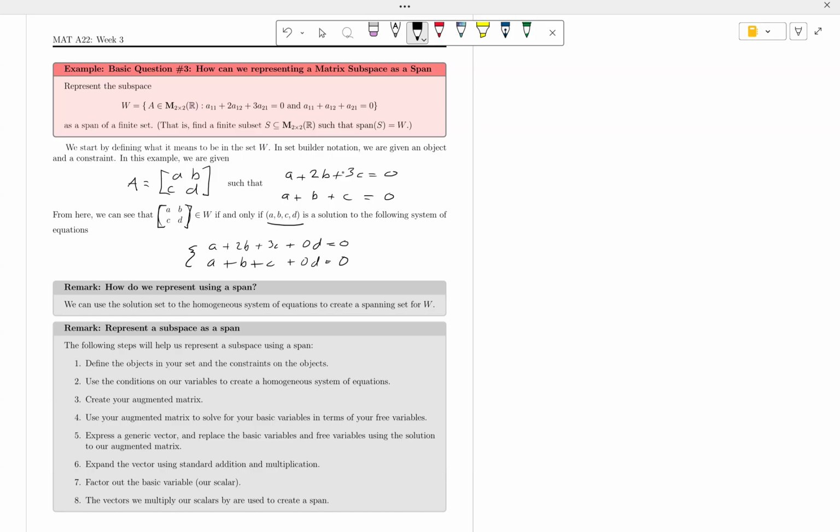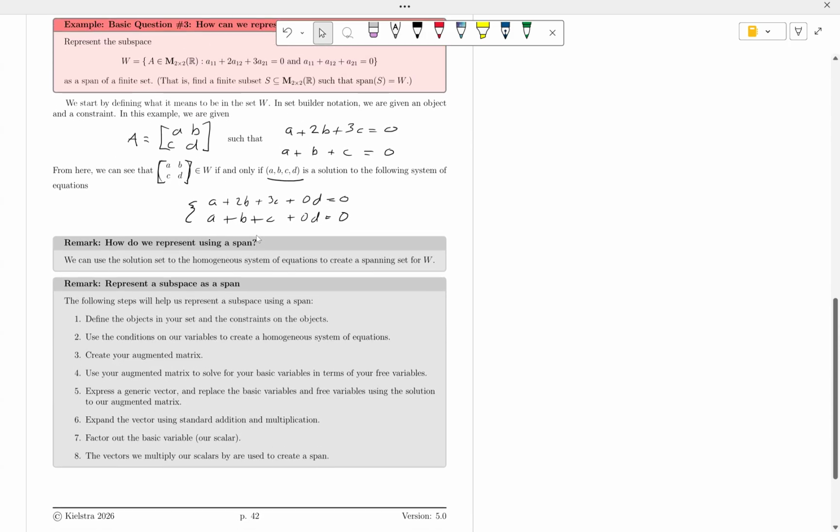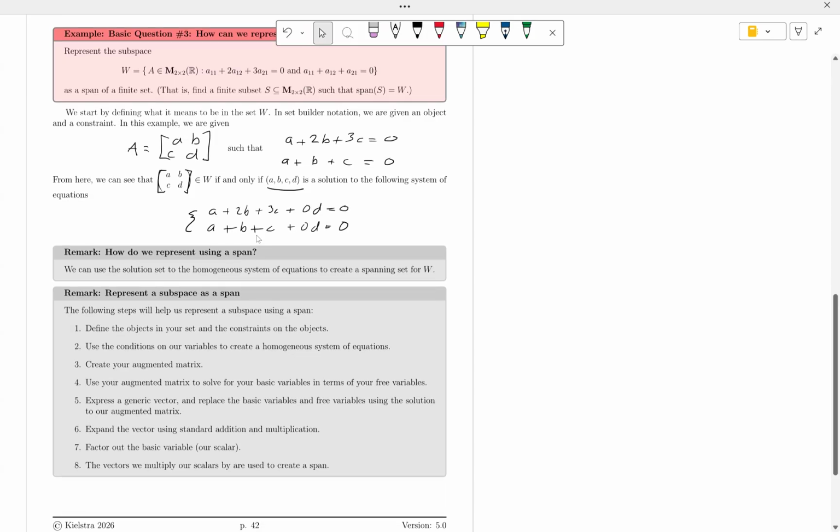We take that constraint on our set and we can use it to build a system of equations. And we can see we're in W if and only if this solution vector, which is defined using the same variables as our matrix, is a solution to the given system. Okay? And we can use the solution set to the homogeneous system to find a spanning set for W, which we'll explore next week.